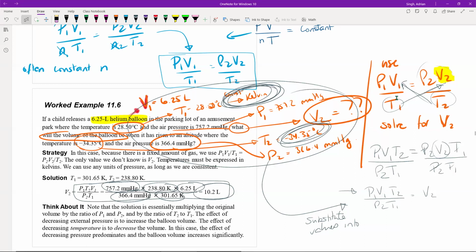You shouldn't be spending 10 minutes trying to isolate V2. If you have trouble doing this, come see me. You can go to the tutoring center on campus, but you need to be able to do this, okay? Rearranging equations, using algebra to solve, that is very, very, very important. And a lot of the gas laws are going to involve that.